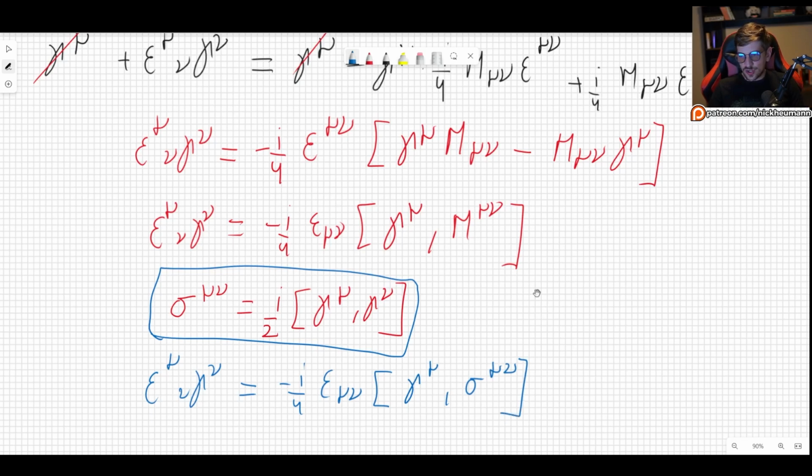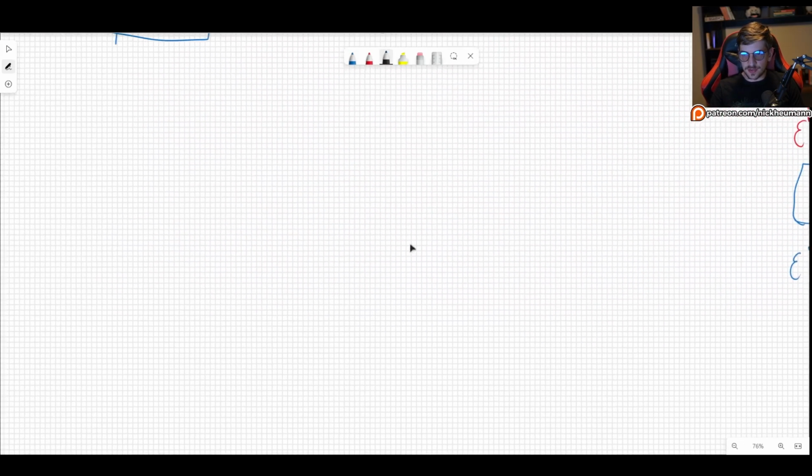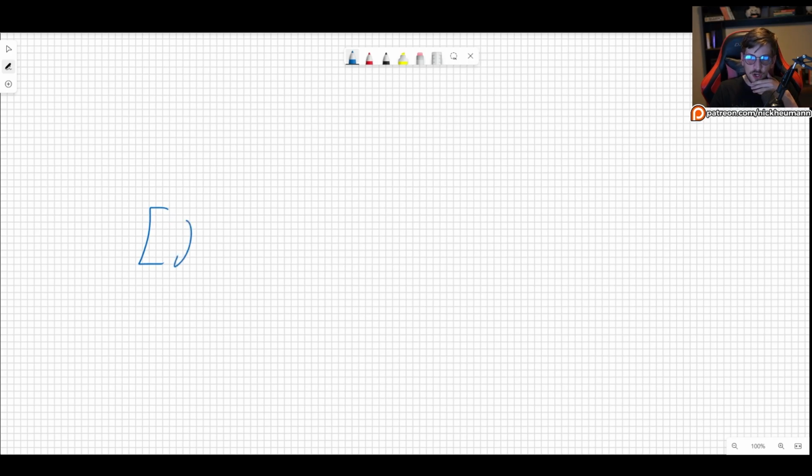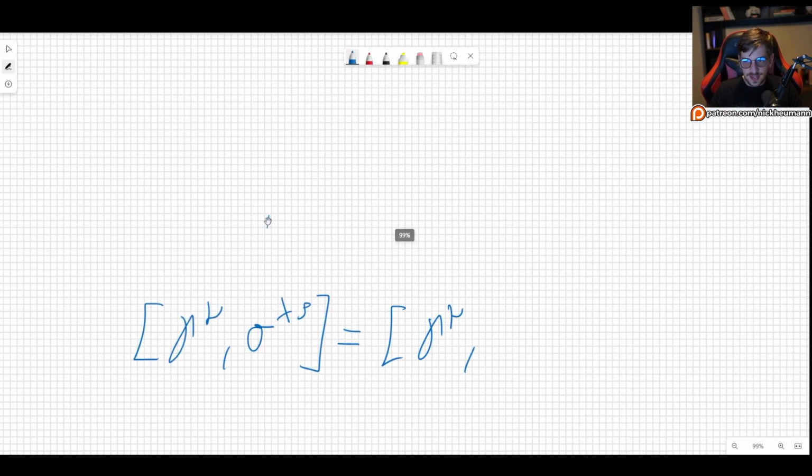Now, what is this commutator? Well, let's calculate it off to the side, and then we will plug in the result. So let's calculate now the commutator of gamma mu, sigma lambda rho. Let's rewrite sigma lambda rho, but not in the way we did before.